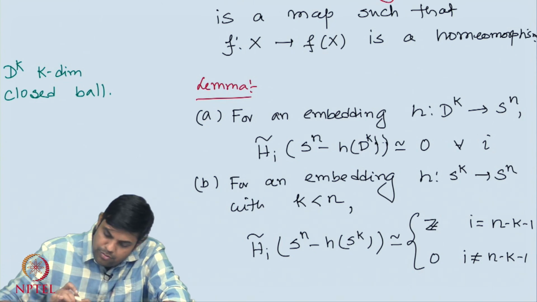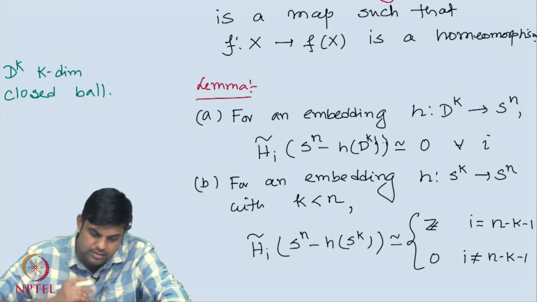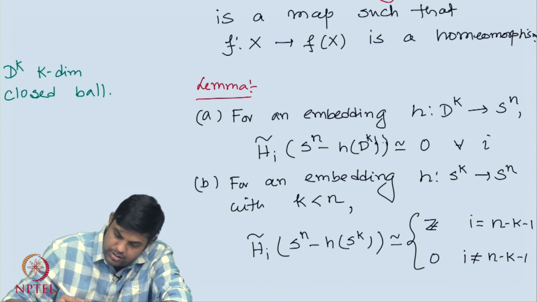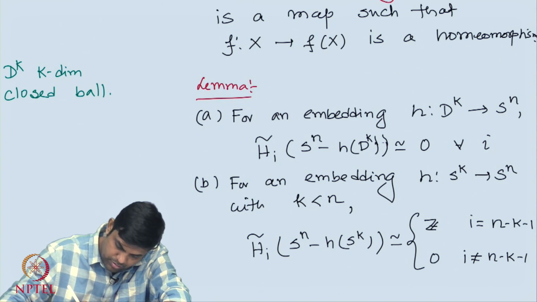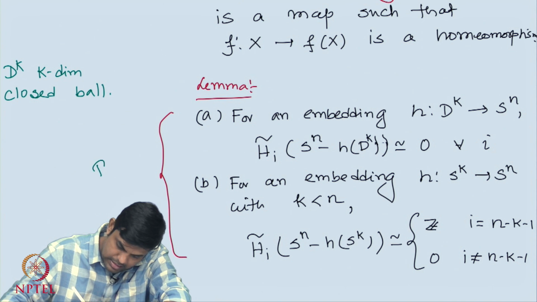And now we are going to focus only on reduced homology. Let me be very specific: everything here is reduced homology. I just want to mention it because this is quite important.